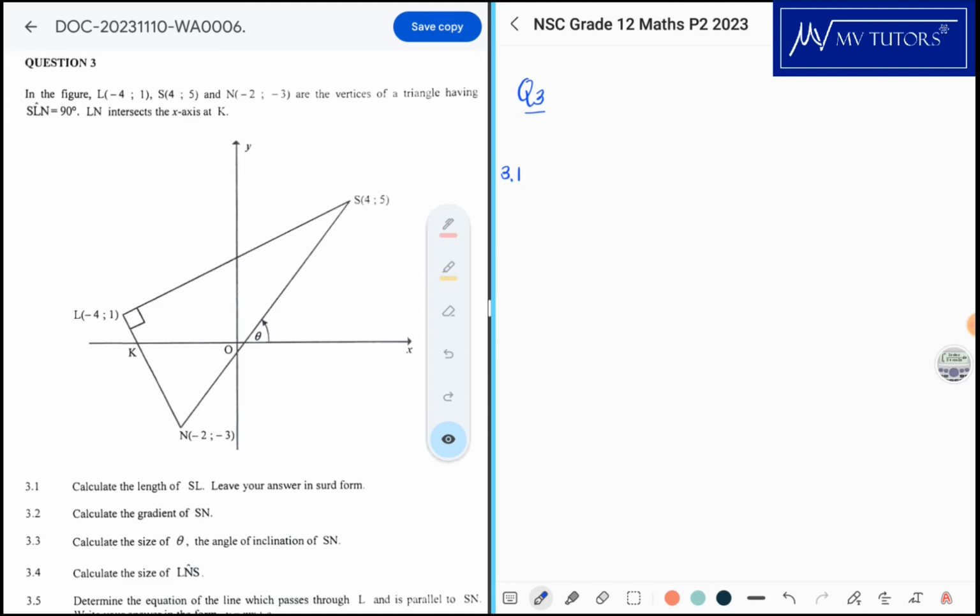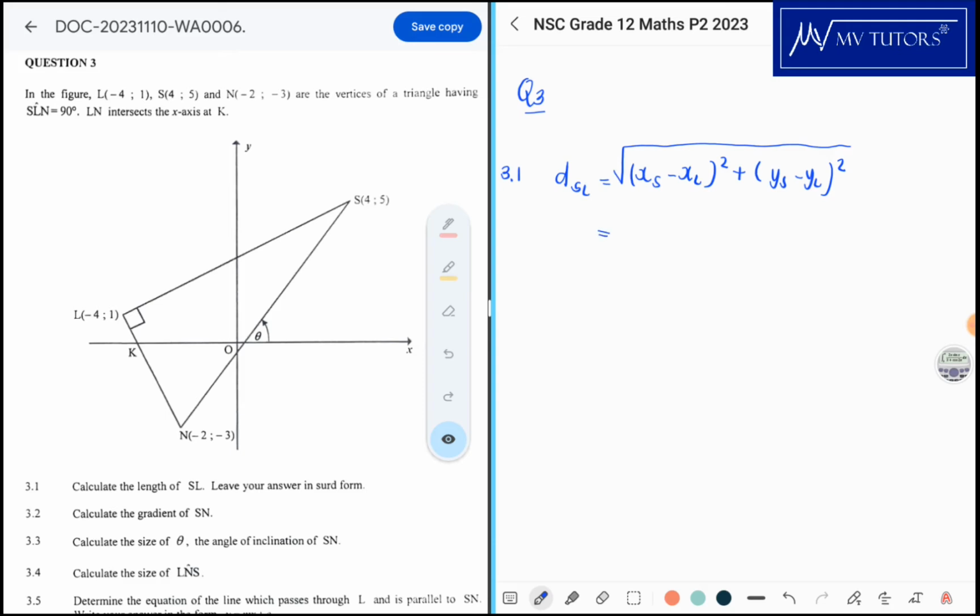So here, we're really just going to use our distance formula. The coordinates are given, so this is pretty straightforward. Okay, so the distance or the length of SL. I'm just going to take the x-coordinate of S minus the x-coordinate of L, and we square it and do the same with the y-coordinate of S and L. And all of this is under a square root.